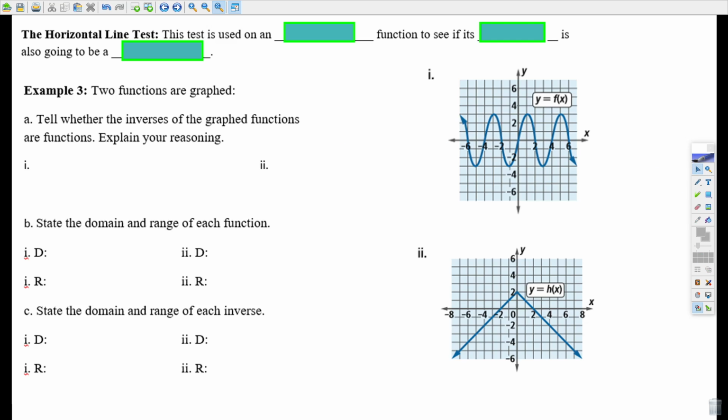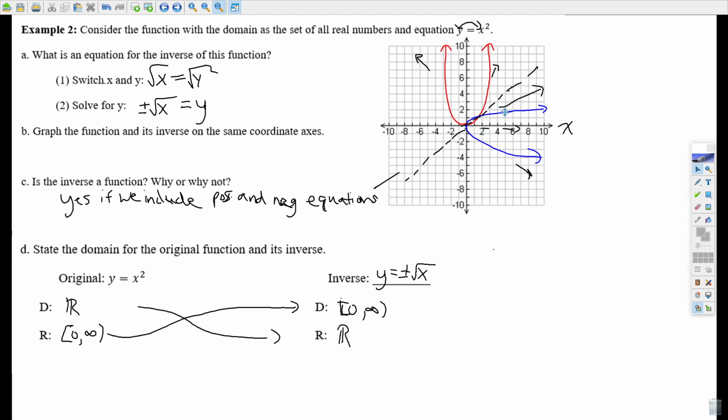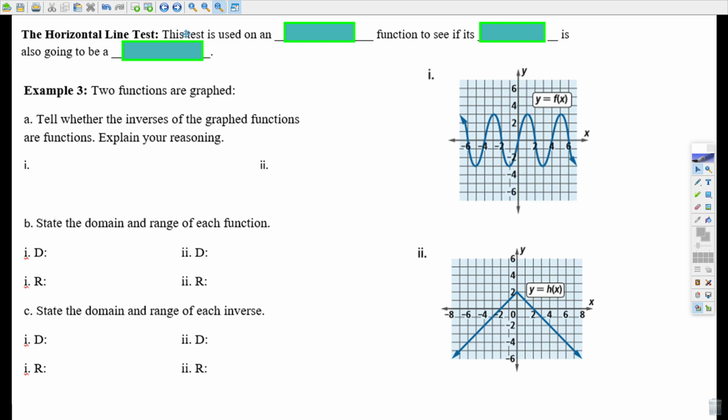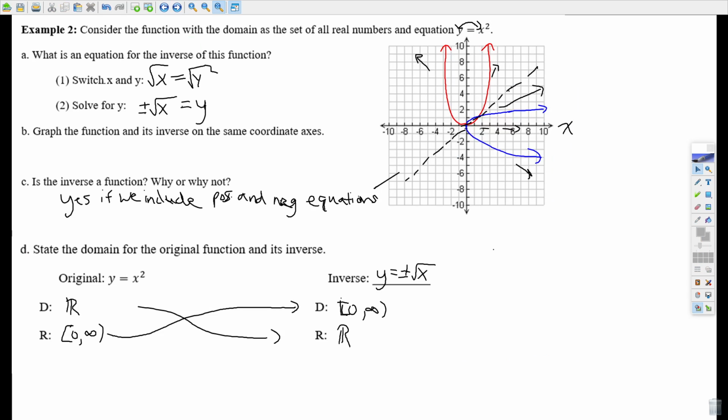So one way you can test, without drawing the inverse function, to see if you get a function is a horizontal line test. If you remember, the blue one is not a function, because if you did the vertical line test on this one, it would fail, right? You draw a vertical line and boom, it hits twice.